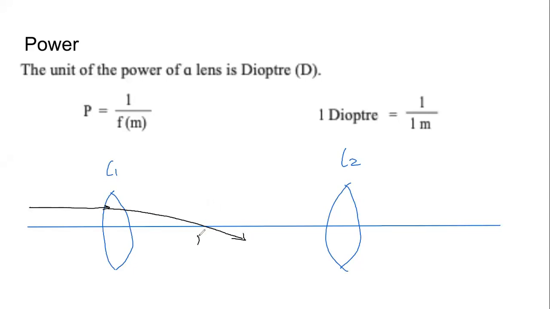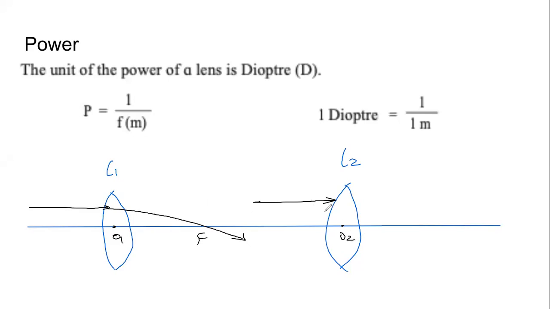So we will call it focus. We are just keeping it simple, so we are not using F1, F2. We are just using O and F. Okay, lens 2. Another parallel beam of light. So this is O1, this is O2 because it is another lens.